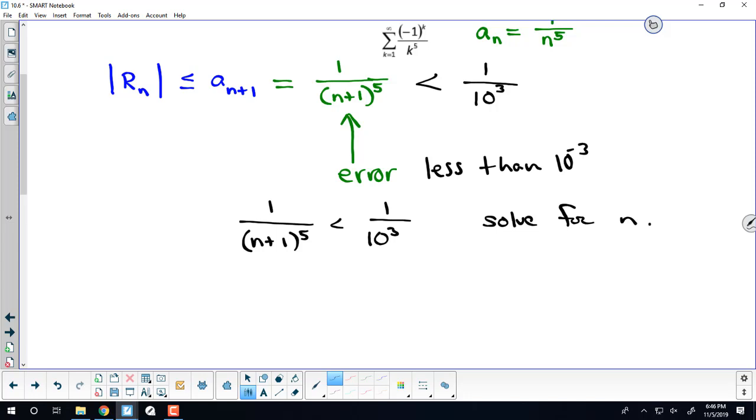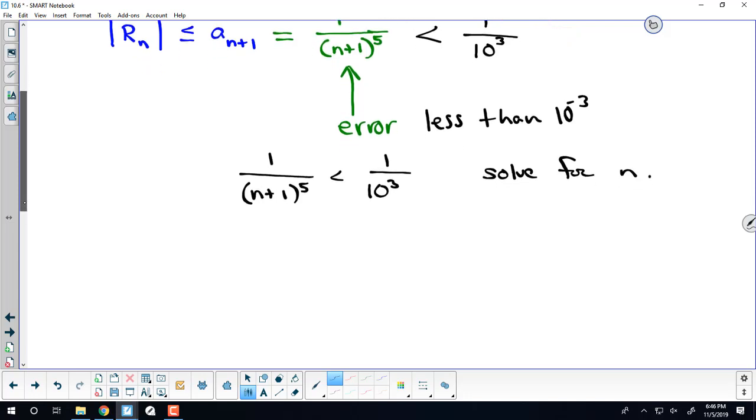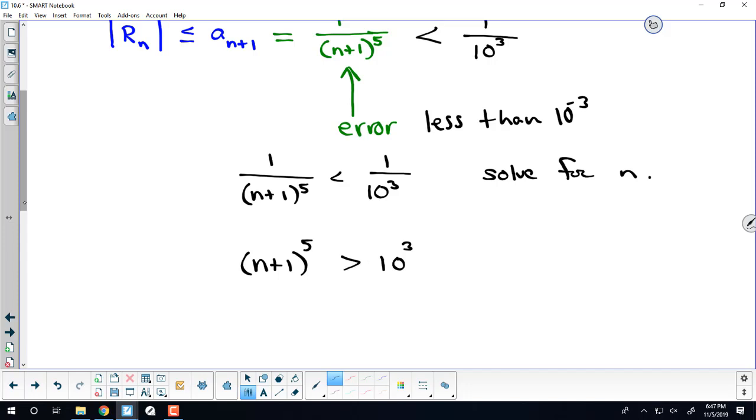So if the reciprocals are related in this way, then we know that (n plus 1) to the 5th power has to be greater than 10 to the positive 3.